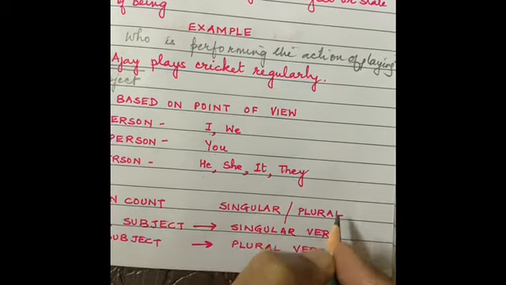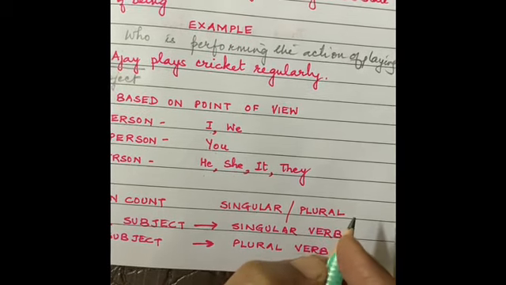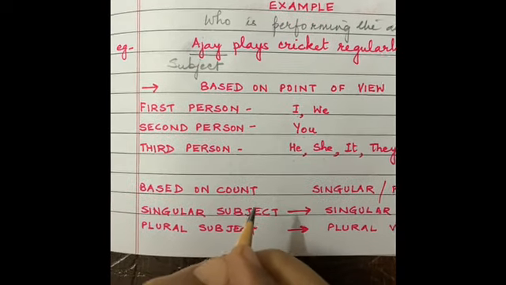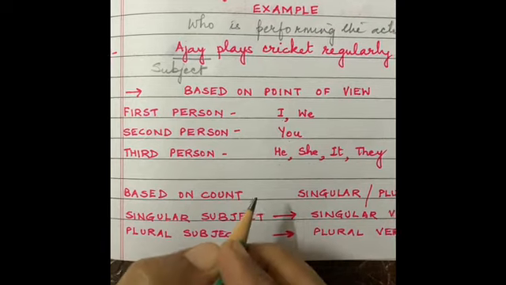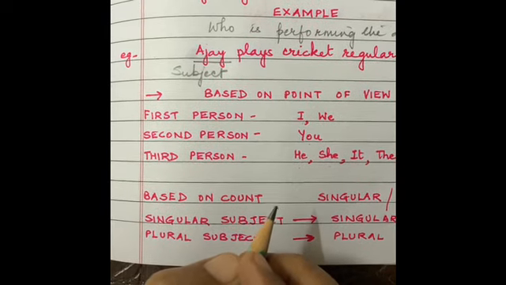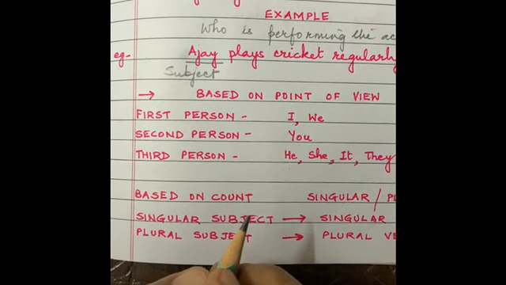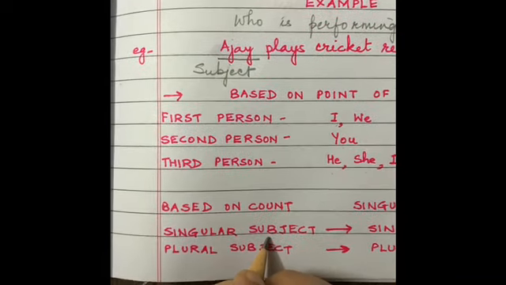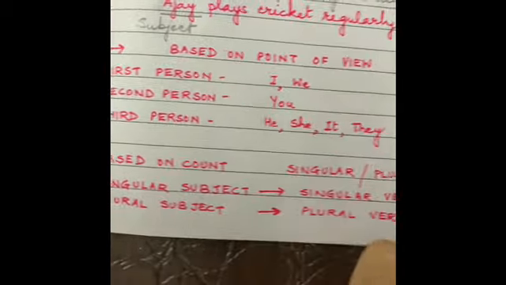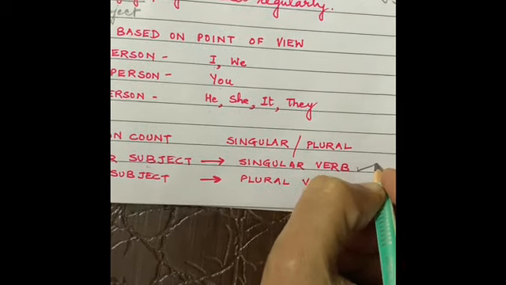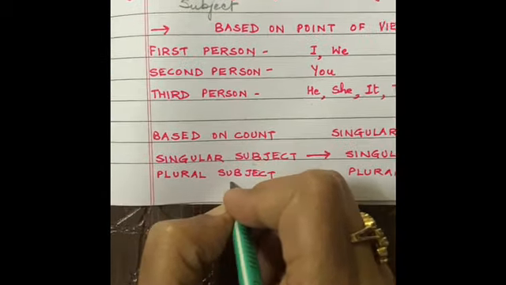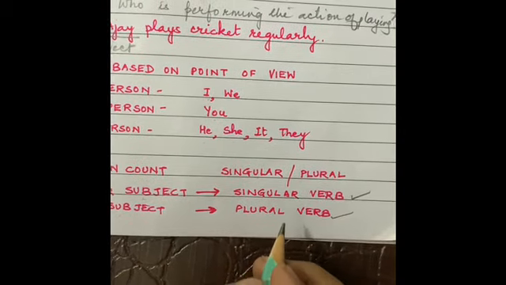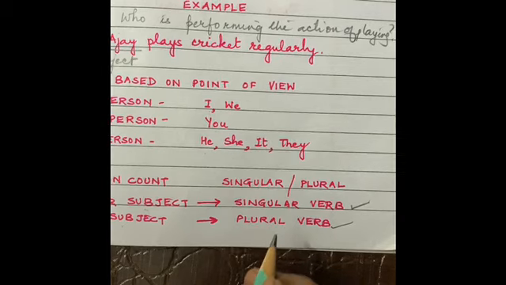Now, what is subject-verb agreement? For making a sentence grammatically correct, a verb must agree with its subject in number. That is to say, in any sentence, a singular subject must have a singular verb and a plural subject must have a plural verb. This is the most general rule.